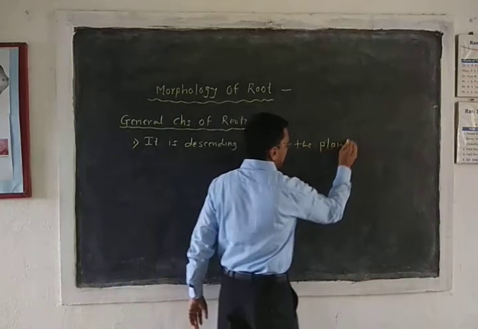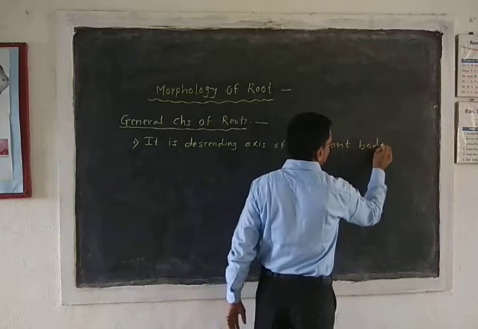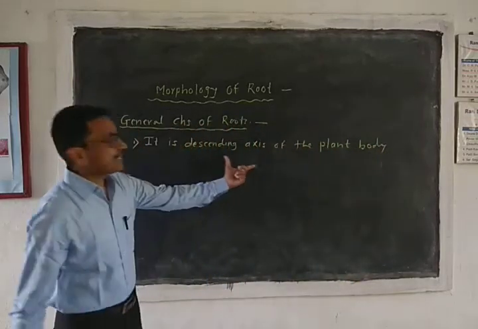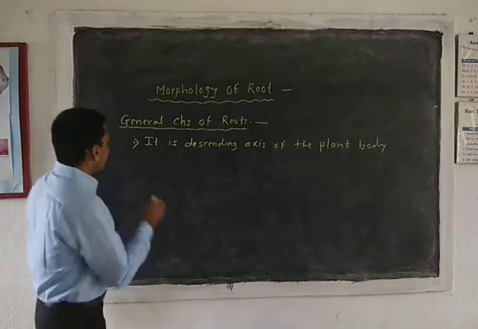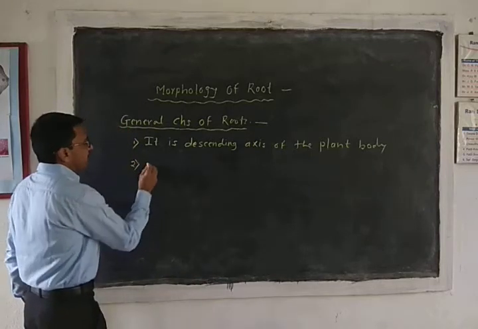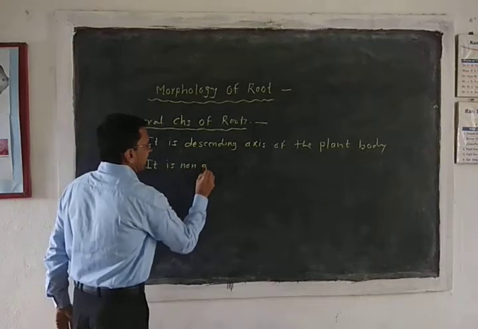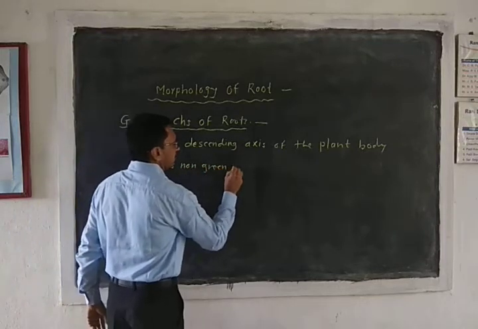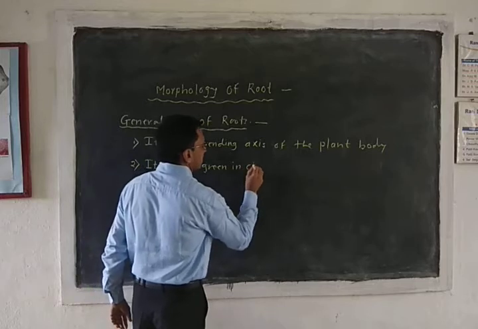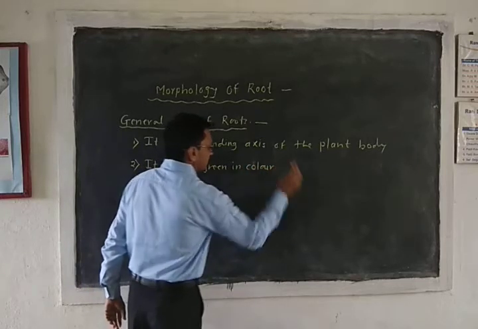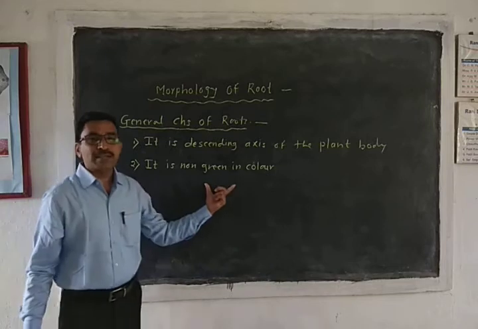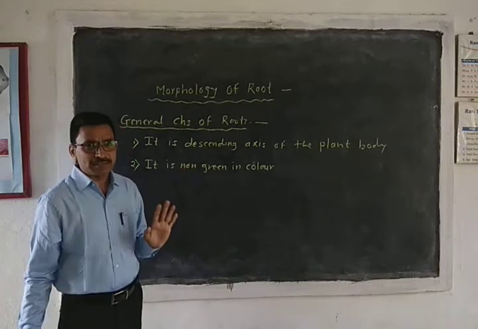Root is a descending axis of the plant body. The second character is that it is non-green in color. Roots are non-green in color. Generally, the roots are non-green in color.